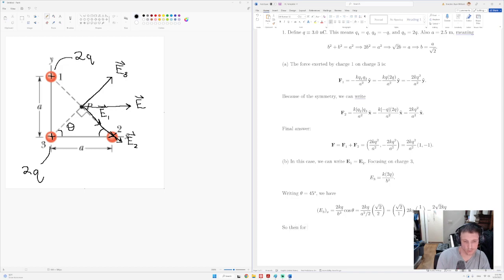So then for the total field at P, due to symmetry, we just have that E, and let's put a P here to indicate we're talking about the full field, equals 2 times the x component of E3 in the x direction, right?